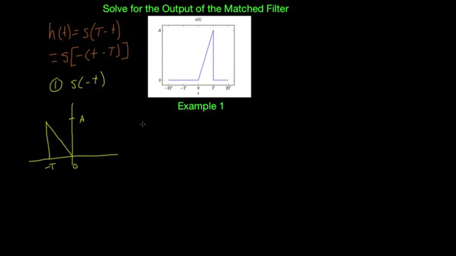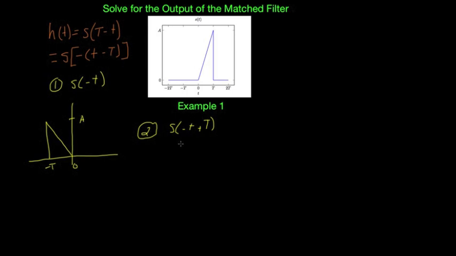So this is the graph of s of negative t, and then part 2 would be to add capital T to every point in time across the graph of s of negative t. That is going to give us s of negative t plus capital T. If we rearrange these terms, we would get s of capital T minus little t.